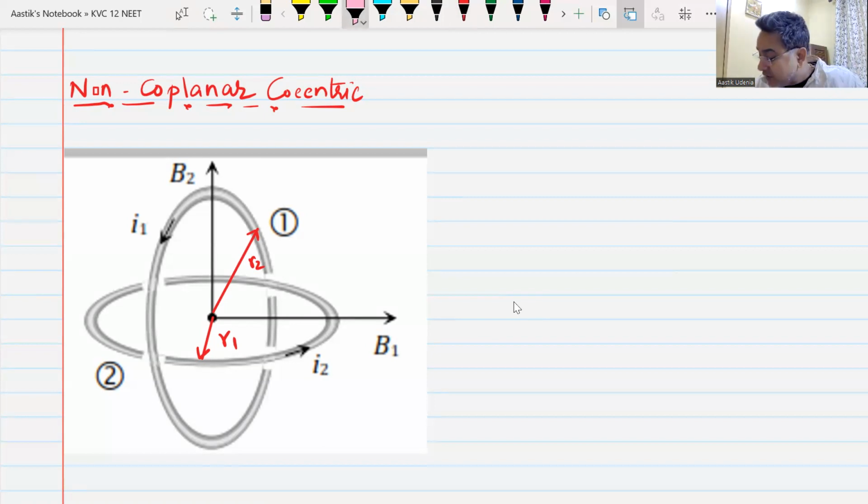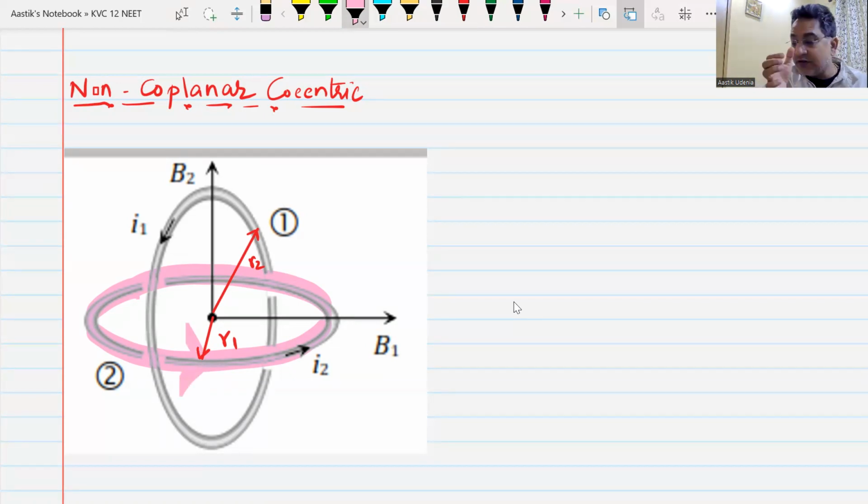Yes, sir. This is coil number 1. It lies like this in the XZ plane. And the current is moving like this. Do you see this? Now turn your fingers. In which direction is the magnetic field going because of this pink coil? It will be going in the upward direction.